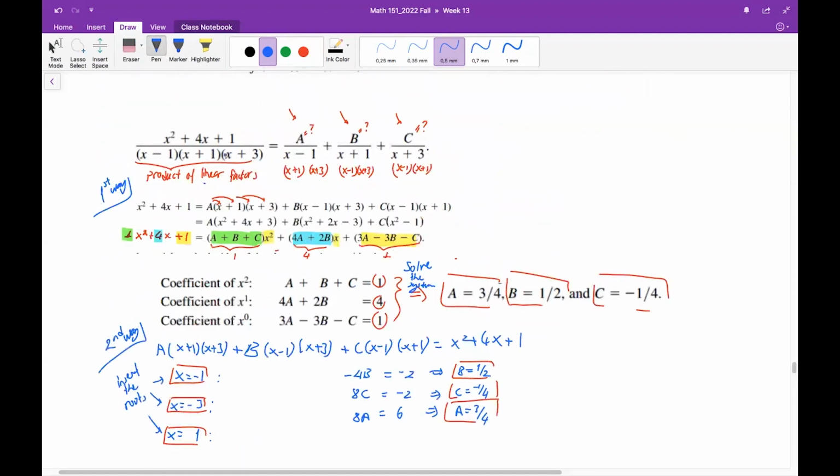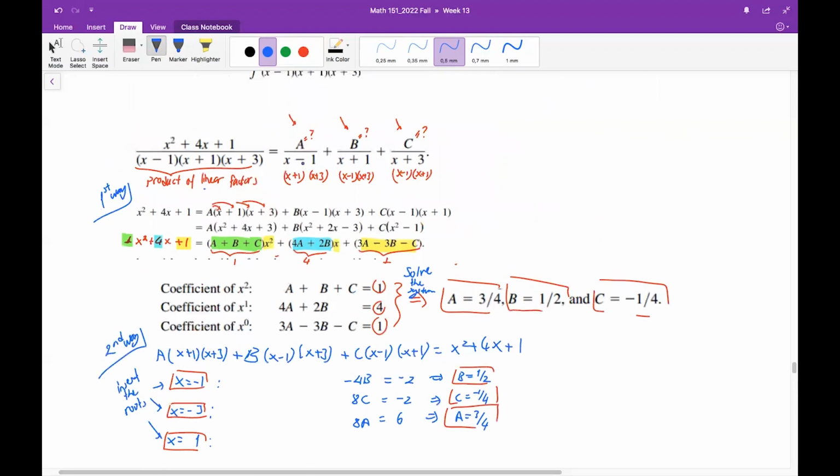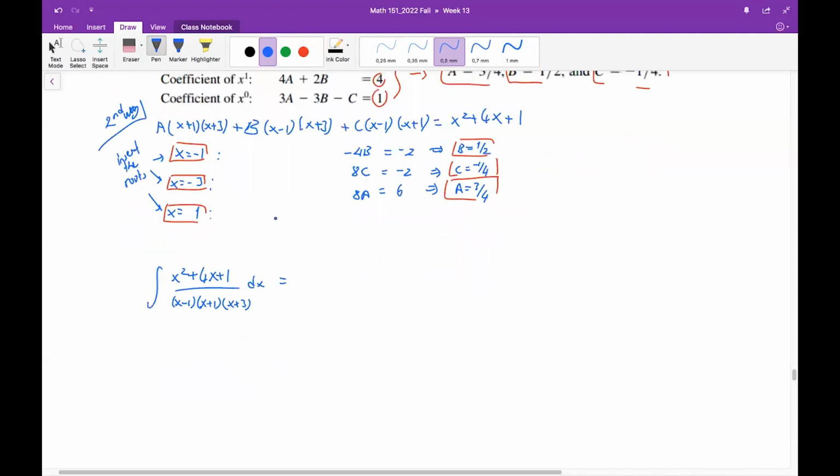Remember, we tried to decompose this rational function into its partial fractions, which are simpler to integrate. A, B, C are solved. So it is a over x minus 1 plus b over x plus 1 plus c over x plus 3, where a is 3/4, b is 1/2 and c is -1/4.